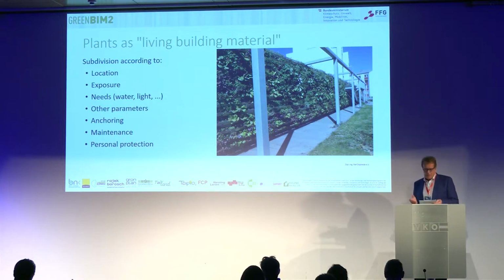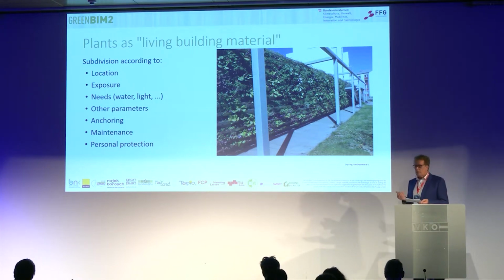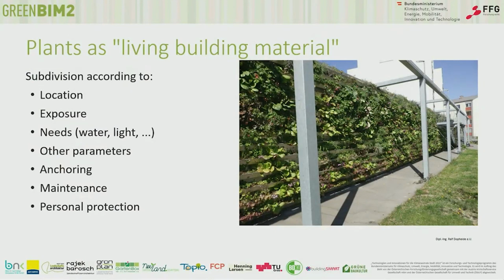As a living building material, plants have other properties than traditional building materials. We have location, exposure, needs like water and light, or maintenance, greenkeeping, and so on. There are many other properties we have to recognize.